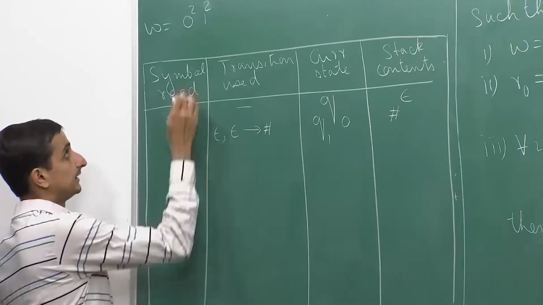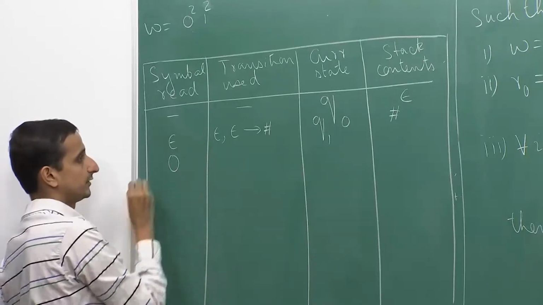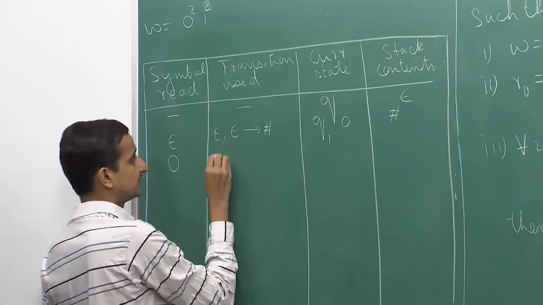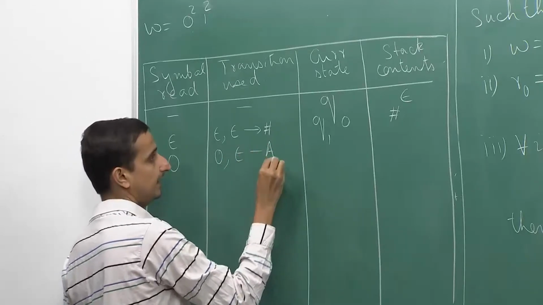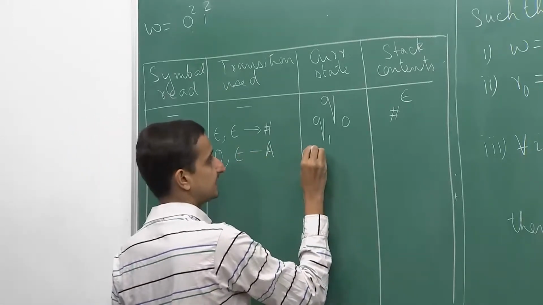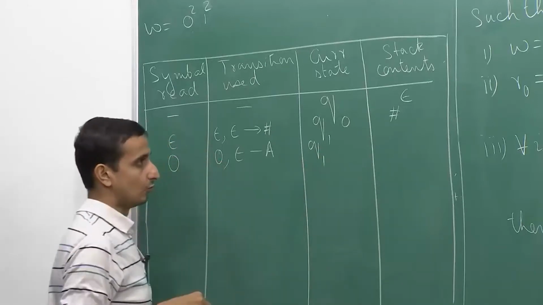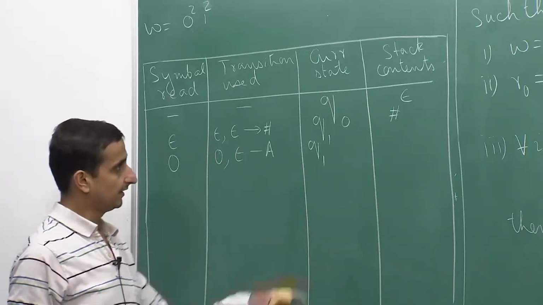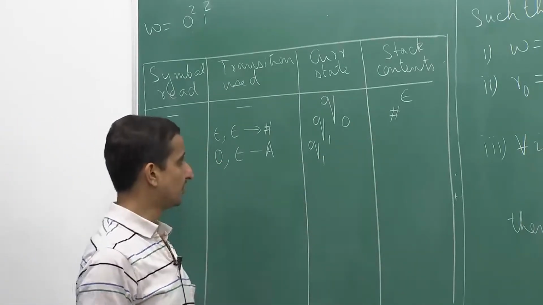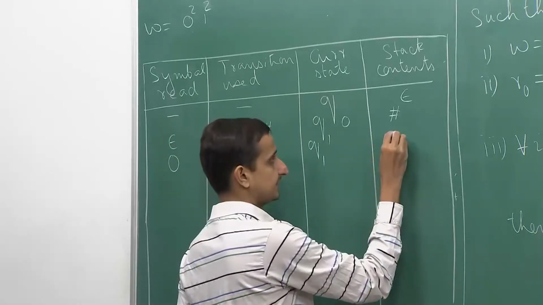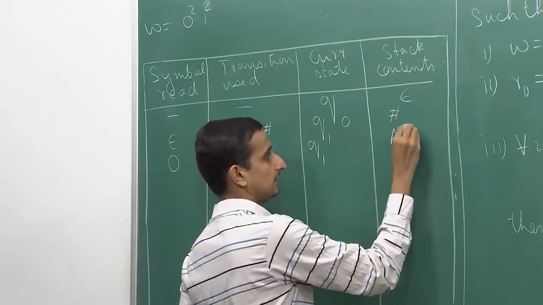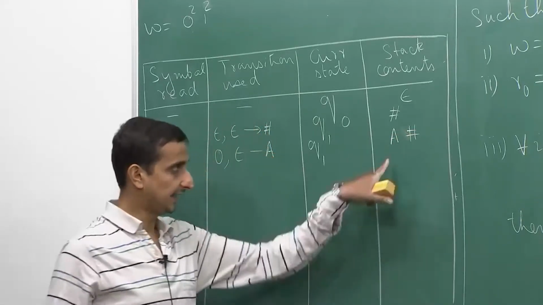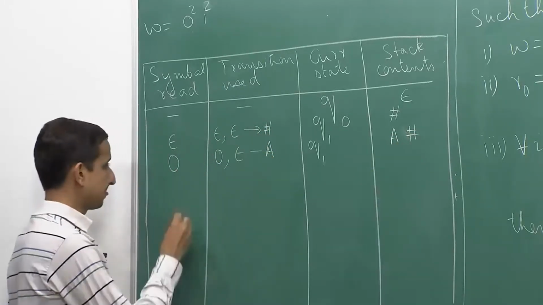In the next step, it is going to read the first 0. So, it will read 0, it will use the transition 0 epsilon to A, it stays at the state Q1, and now it has pushed A onto the stack. So, now the stack, if I write it as a string, has A hash, A on top and hash below it.